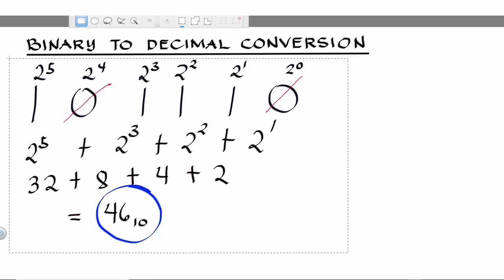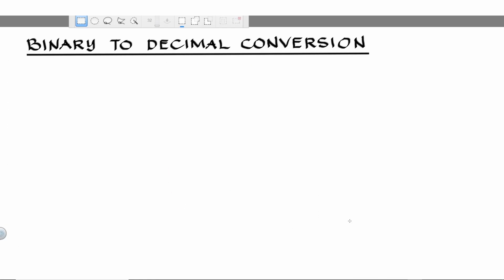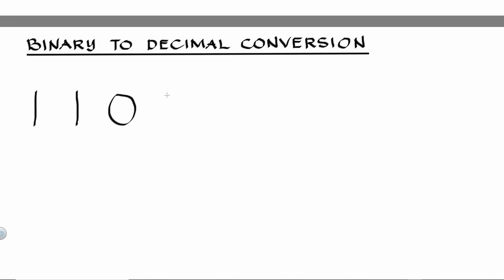Okay, and for our next example, we have 1101101.